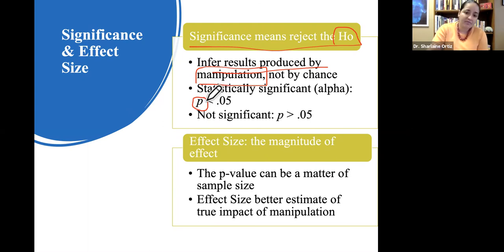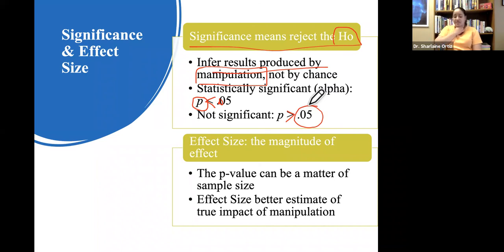So when this probability was less than 0.05, what that is telling me is that there was less than a 5% chance that this occurred because of nothing other than chance. But vice versa, if my probability is greater than 0.05, we may actually have to accept that null hypothesis, because there's another possible explanation that chance could have contributed to that difference.